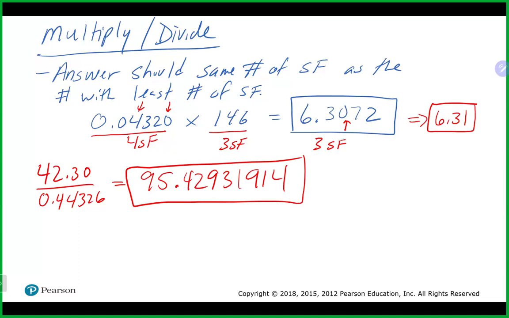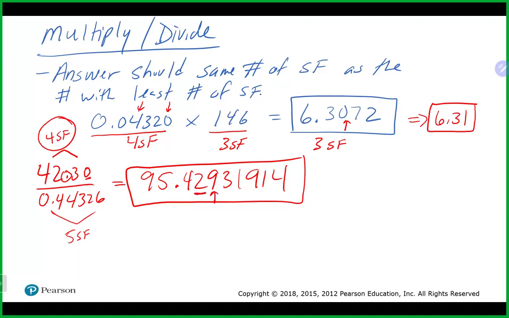Here we are dividing, so whether multiplying or dividing, we're going to look at significant figures. The top number has how many sig figs? It has 4 sig figs. Once again, this 0 is significant because of the decimal point. The bottom number has 5. The answer should have 4. That brings us to the 2 here.